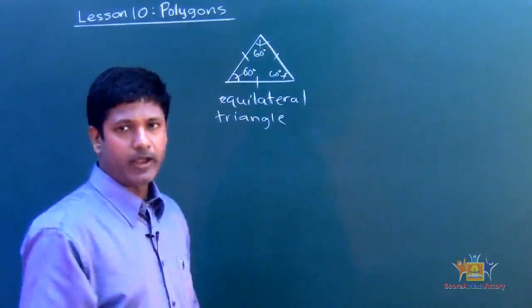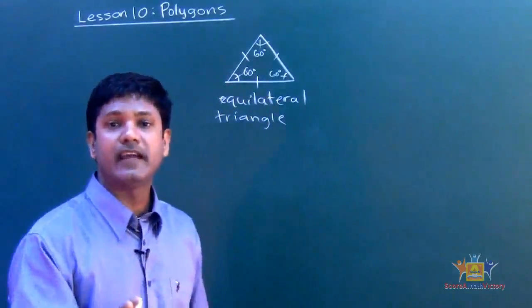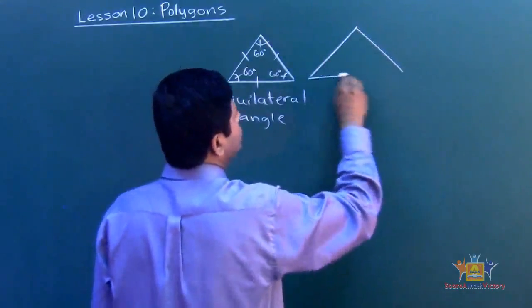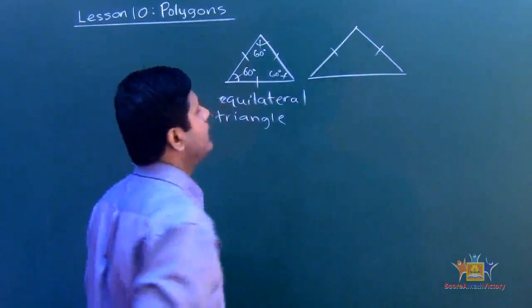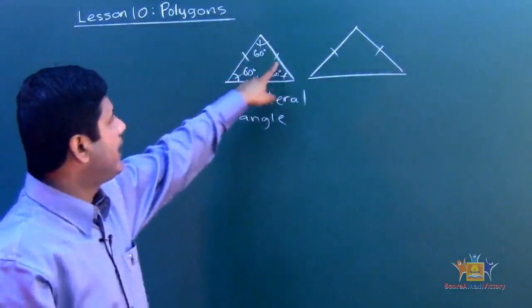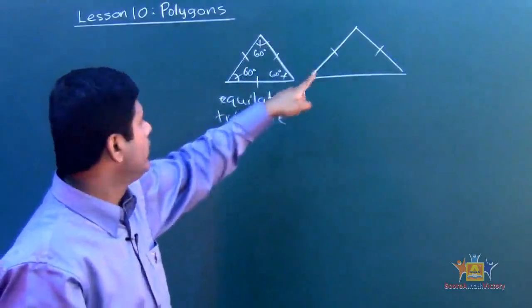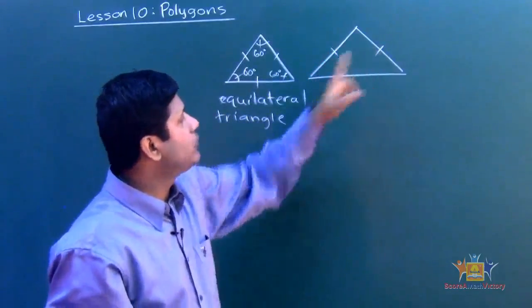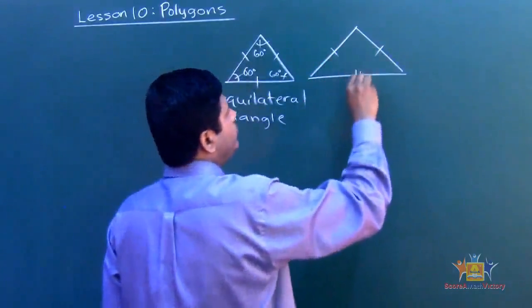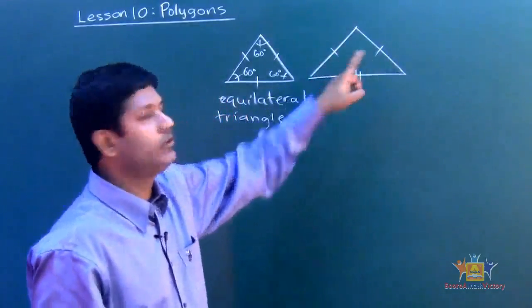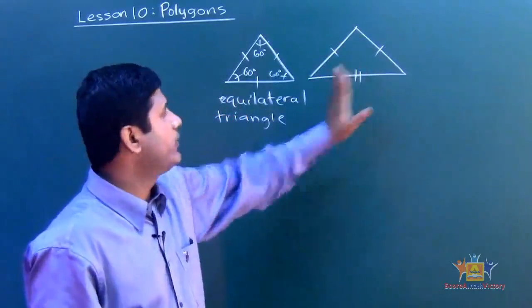That's the equilateral triangle. Now, when 2 sides are equal, you mark them with a line like this. When I mark a line on all 3, that means all 3 are equal. When I put a line here and a line here, those 2 are equal. I can even put 2 lines over there to show this one is not equal to those 2, or I don't even have to put it.